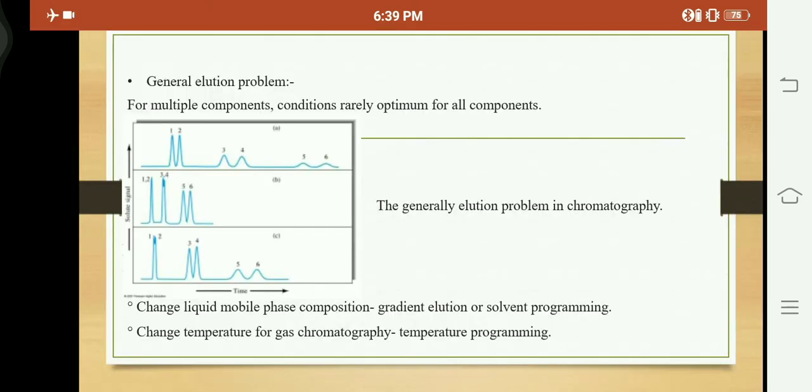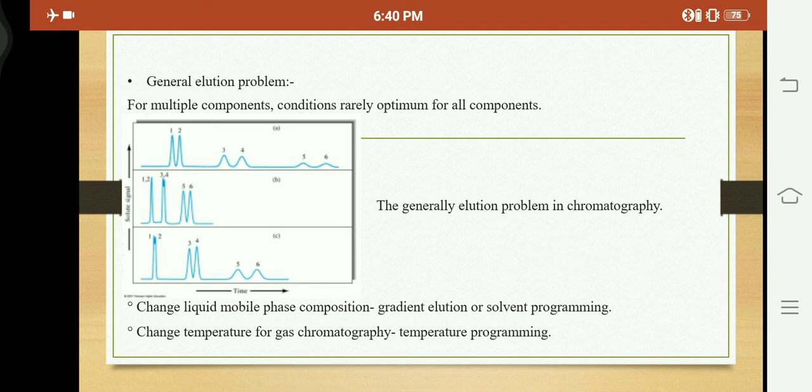So the next is the general elution problem. The figure below illustrates a hypothetical chromatogram for a six component mixture made up of three pairs of components having widely different distribution constants and thus retention factors. In chromatogram A, conditions have been adjusted so that the retention factors of components 1 and 2 are in the optimum range of 2 to 5.